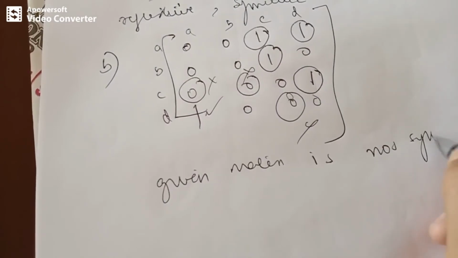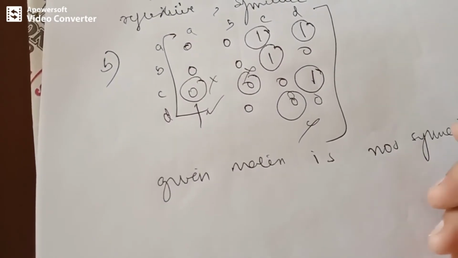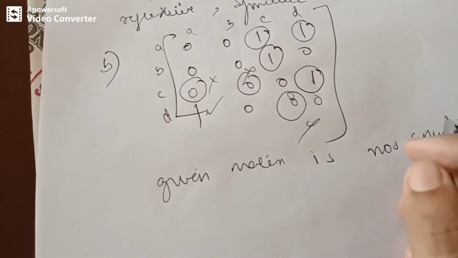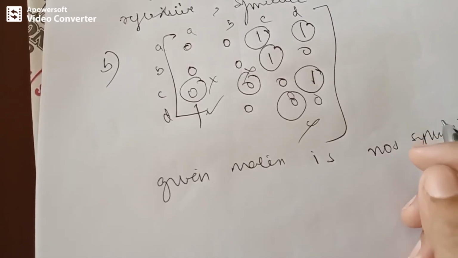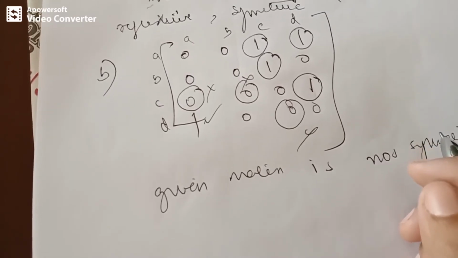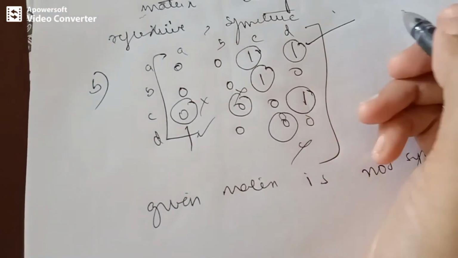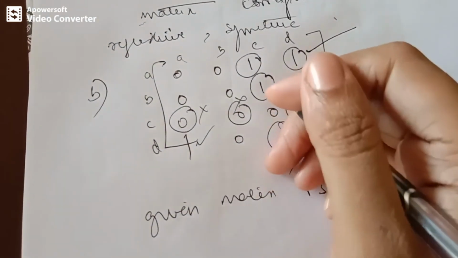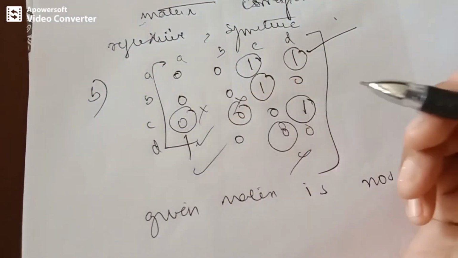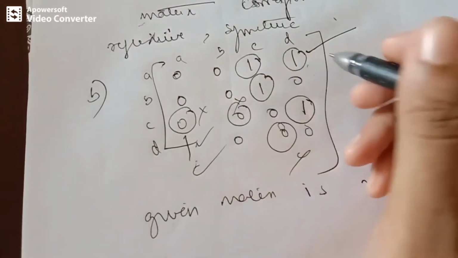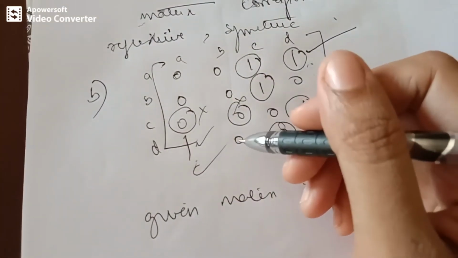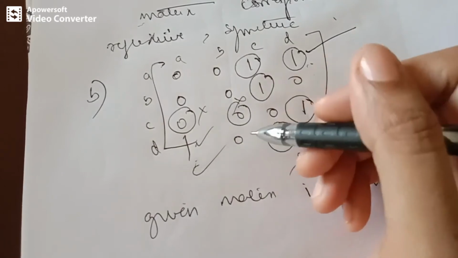So when we say that it is not symmetric, you can observe that in the first row and the fourth column we have got 1. Okay, a comma d we have got 1 and d comma a also we have got 1. Only in this case we have got a comma d as 1 and d comma a as 1.